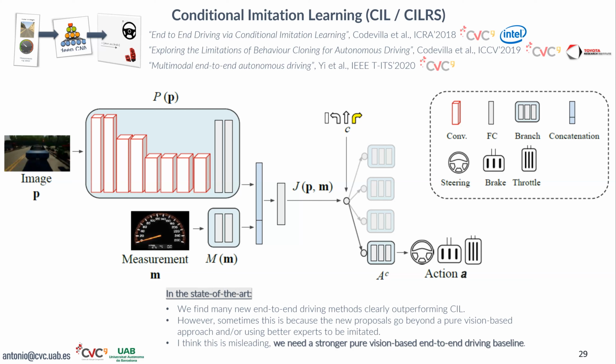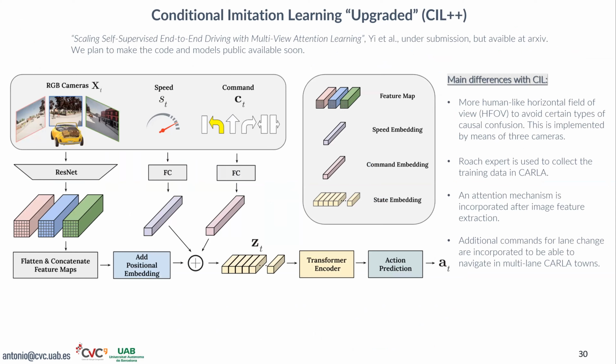And there are things that we know now that should be incorporated. And again, I'm always very concerned about having strong baselines. And then we decided to upgrade our conditional imitation model with very basic things, which are, on the one hand, to use a horizontal field of view that looks like human driving.